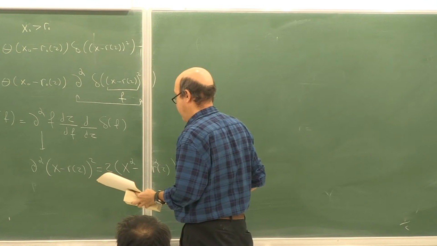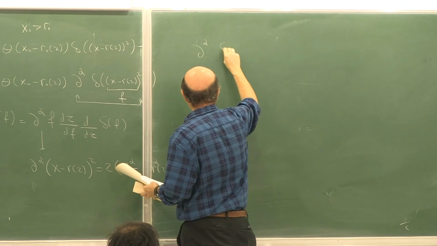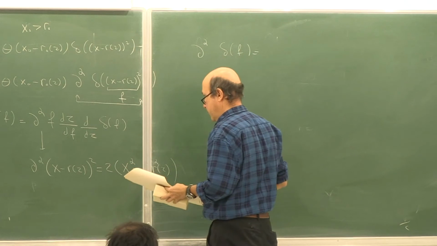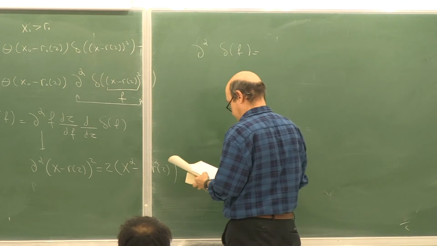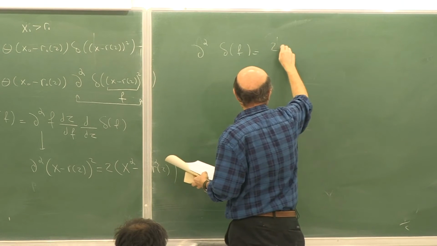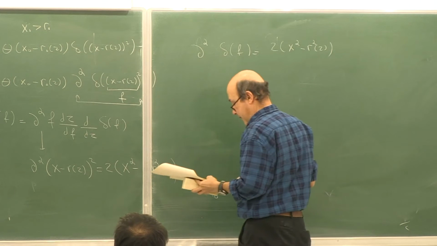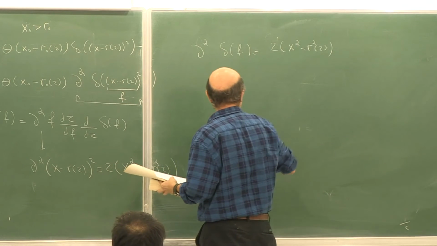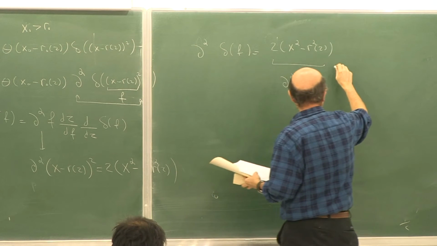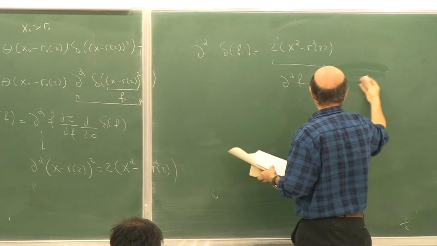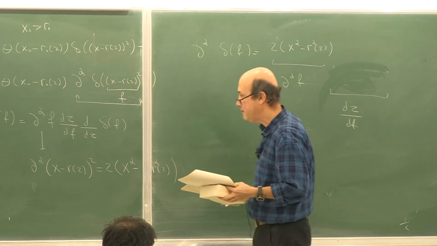So basically, del alpha of the delta function of f will be equal to 2 times x alpha minus r alpha of tau, times, so this piece is nothing but del alpha f. The other piece is d tau over df.